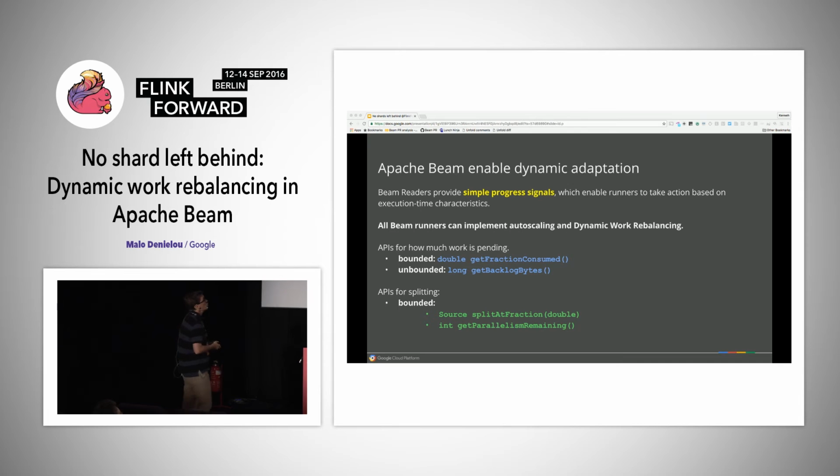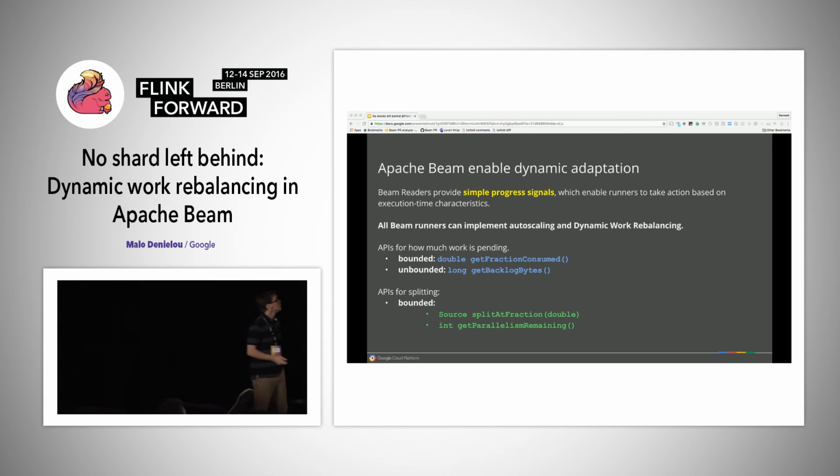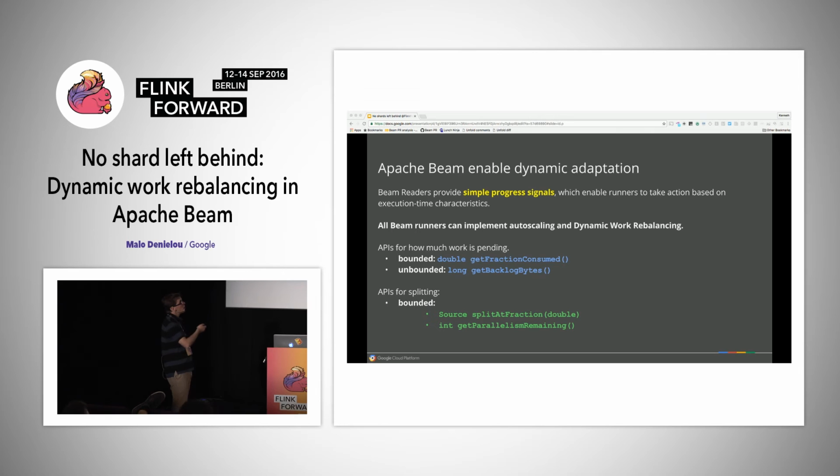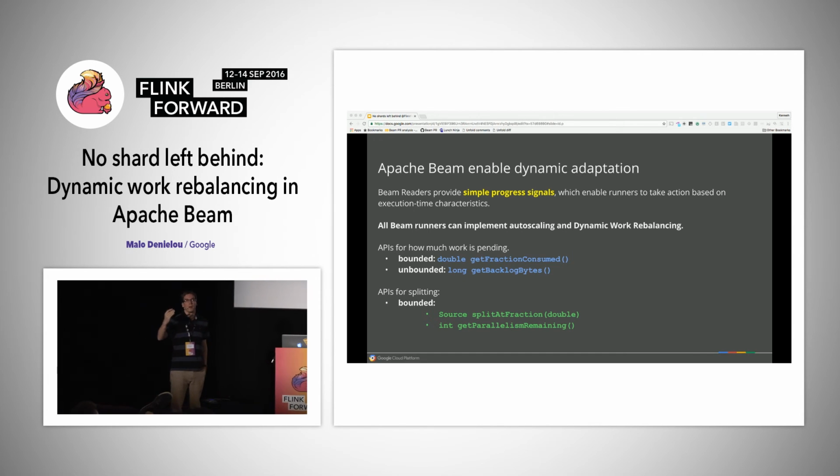And there are two ways to know how much progress your pipeline is making, for bounded or for unbounded sources. One way for bounded is this method, getFractionConsumed, which the runner can query to know from a source what's your percentage done for this task.